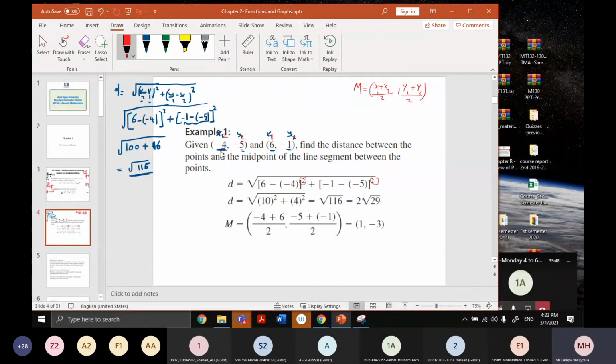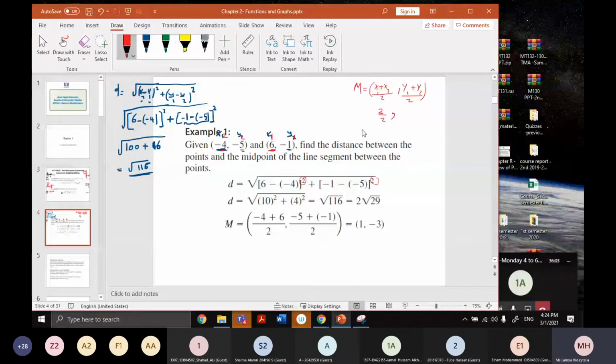We have our x1 and our x2, so we add them: -4 plus 6, which is +2, correct? 2 over 2.